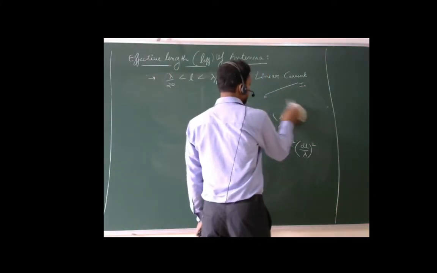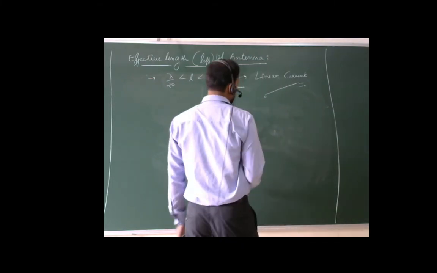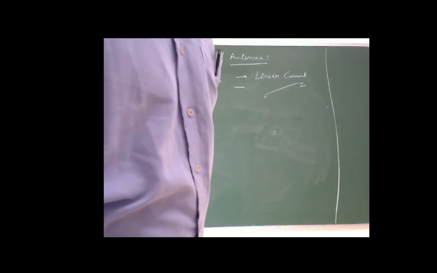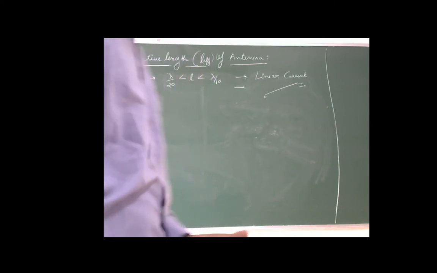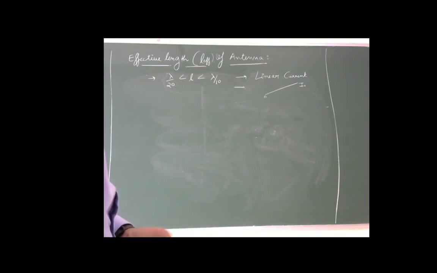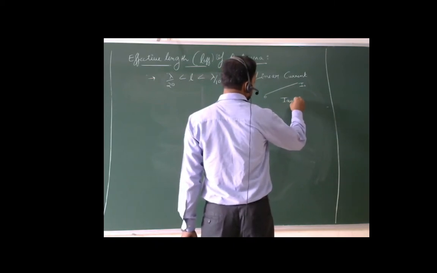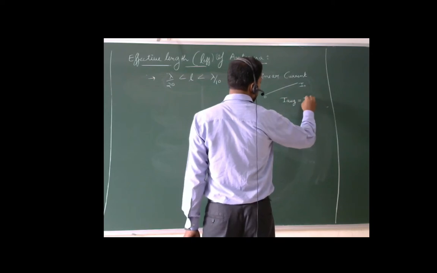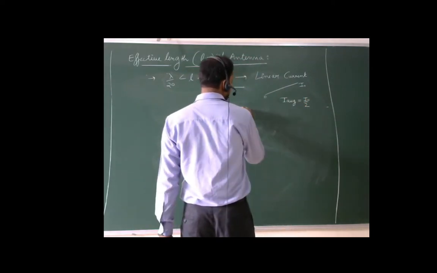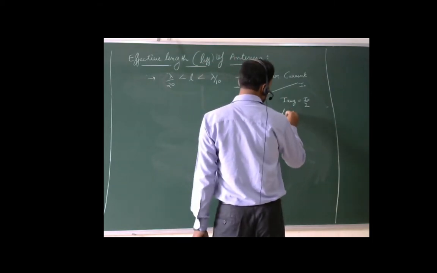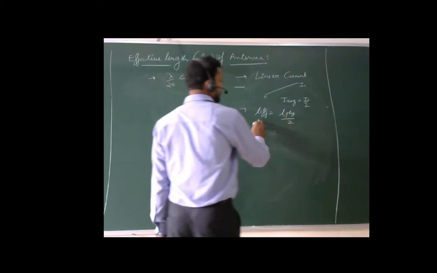So the I average here is given by I naught by 2, and the effective length of the antenna becomes equal to the physical length by 2 due to this lambda and current relation.